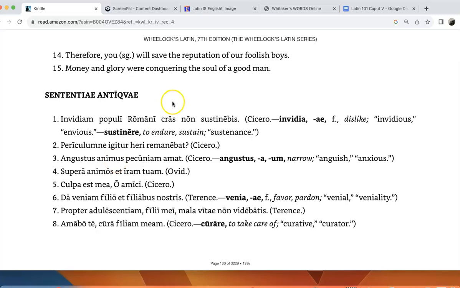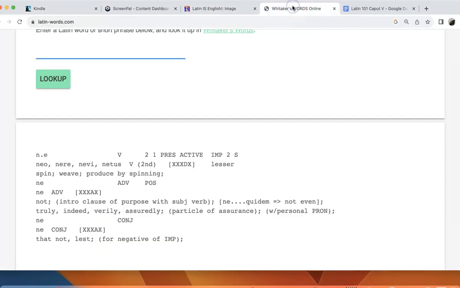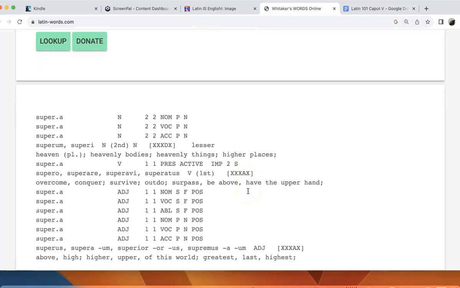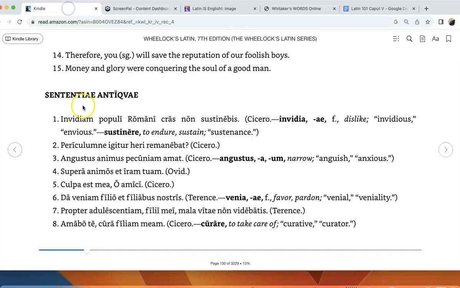So supera, we may have to look this up, but this actually is in the imperative. Again, only the context will give you that, but it can mean overcome, conquer. Of course, it's where we get words like Superman. So overcome or conquer probably is going to be the best way to read that.